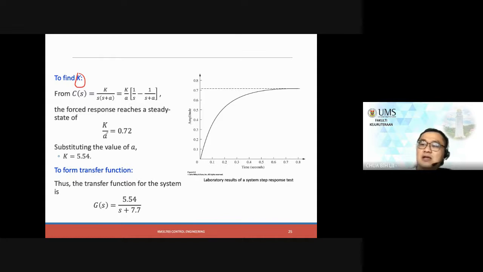We know that k over a equals 0.72, which is our final value, therefore k is 5.54. The overall transfer function for this initially unknown system is 5.54 divided by s plus 7.7. This is how we can do lab testing to identify the transfer function for a particular system.